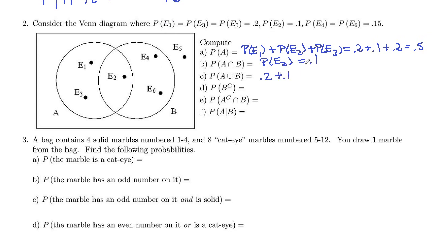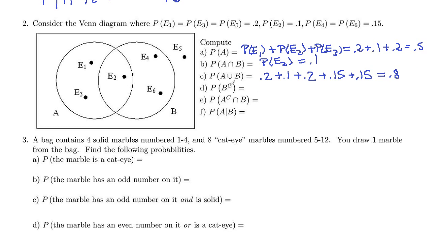So add the probabilities of the sample points in the event. Probability of E3, another 0.2. E4, probability 0.15. And then E6, probability of 0.15. So 5 here and another 3, that is 0.8.